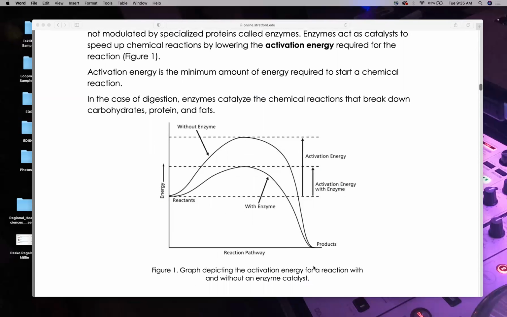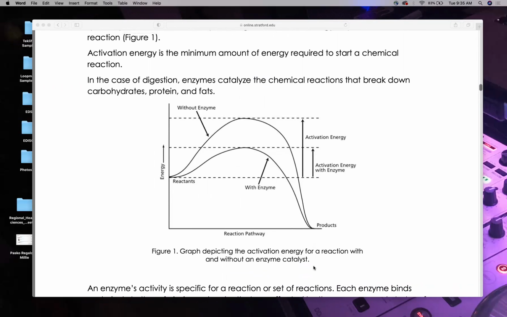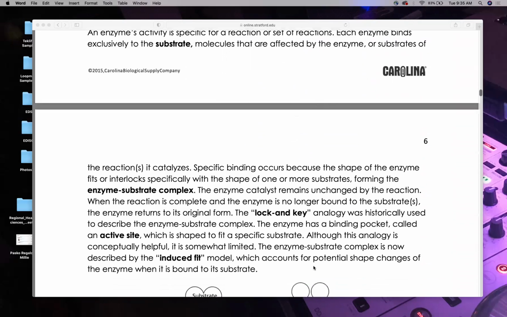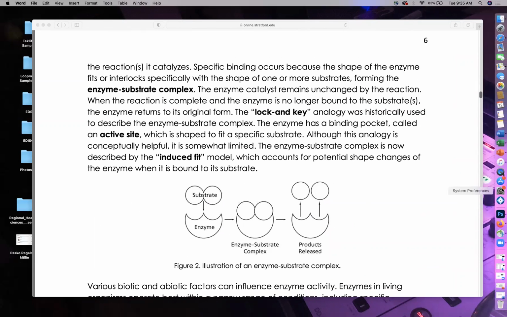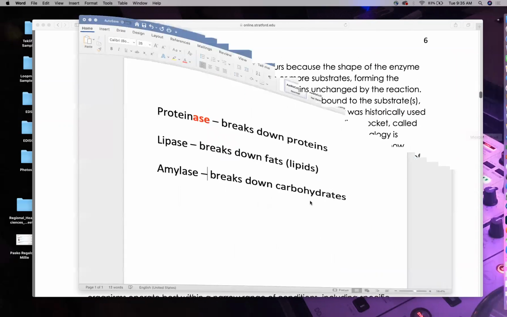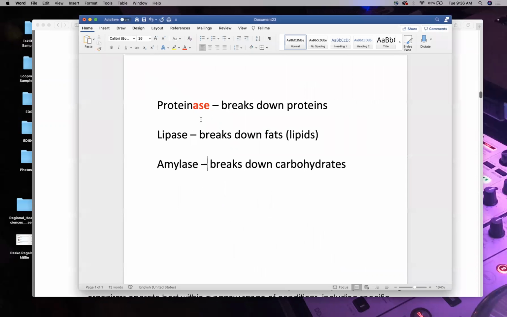Which is our glucose and our oxygen. Okay? Now, if you'll also notice the little quick note that I made here, it's specific. Proteinase breaks down specifically proteins. Lipase will break down specifically lipids.